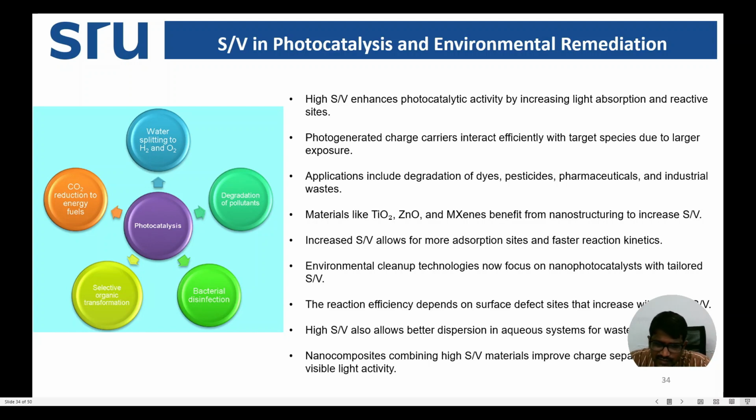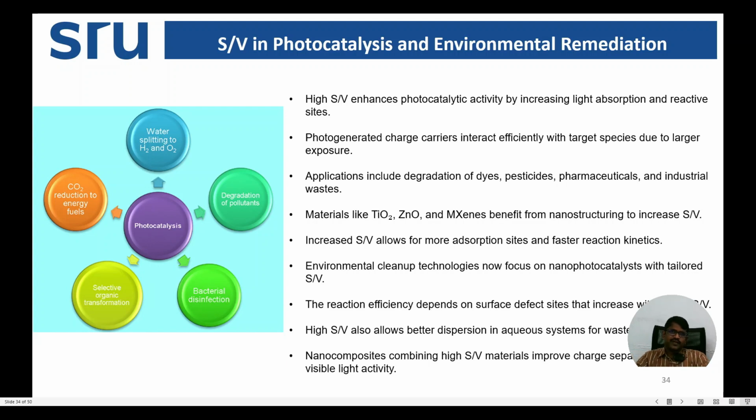And the reaction efficiency depends on surface defect sites that increase with higher surface to volume. Similarly, a high surface to volume ratio also allows better dispersion in aqueous systems for wastewater treatment.